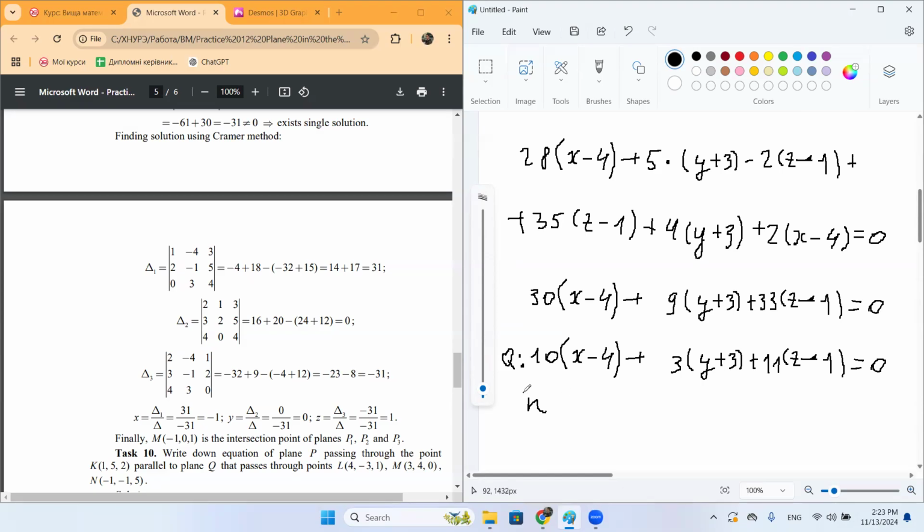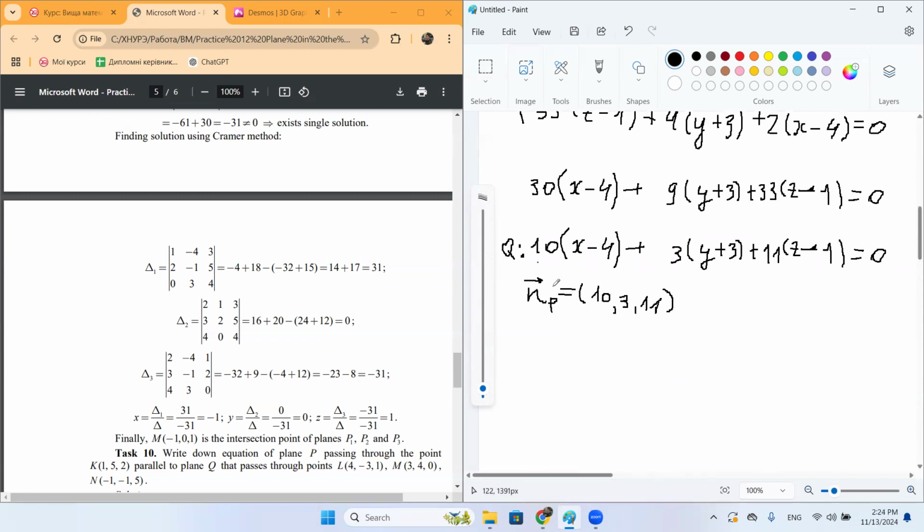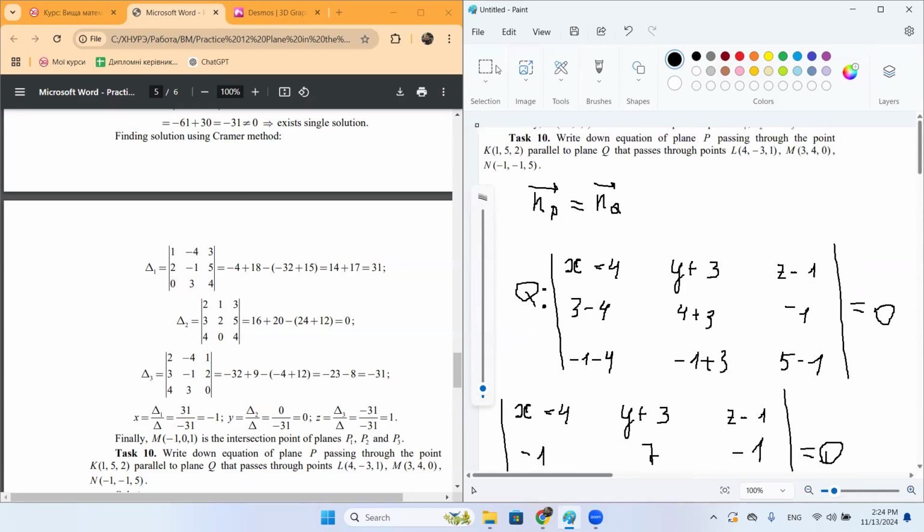So the normal vector for P equals 10, 3, 11. And for this task, we don't expand brackets. So all we need is a normal vector and point K that we already have.